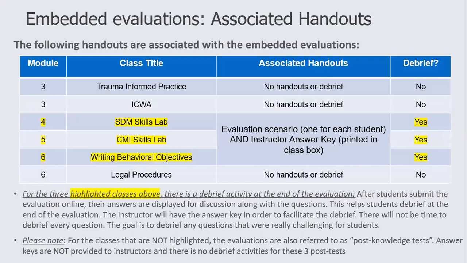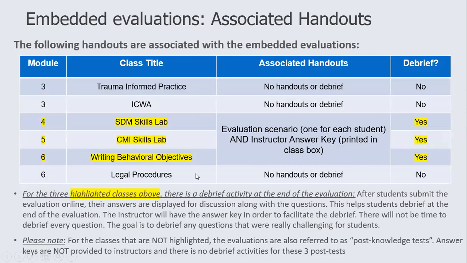So this screen shows some of the following handouts that are associated with the embedded evaluations. Some embedded evaluations have printed scenarios and instructor answer keys that are actually included in the class materials box. So if you are teaching SDM Skills Lab, CMI Skills Lab, or writing behavioral objectives, you'll really want to pay attention to this.